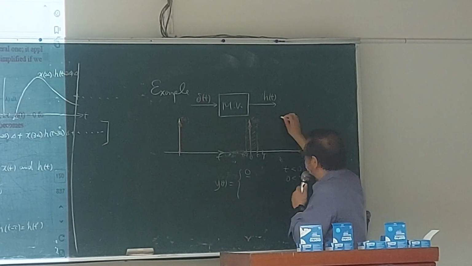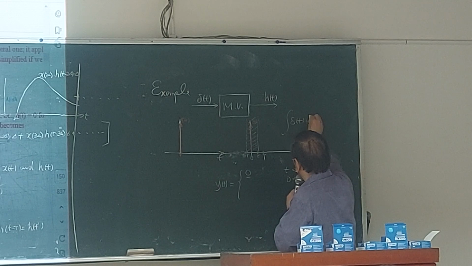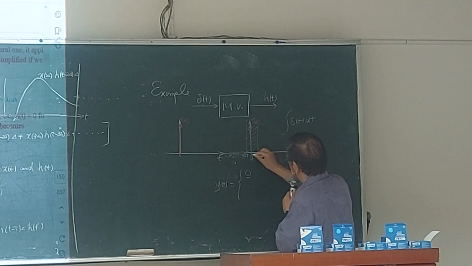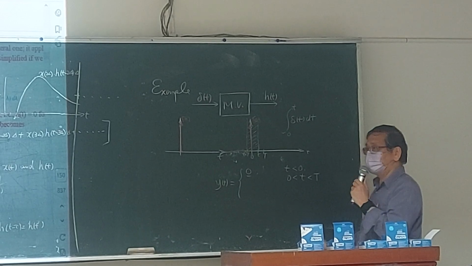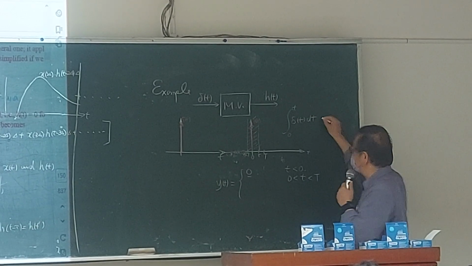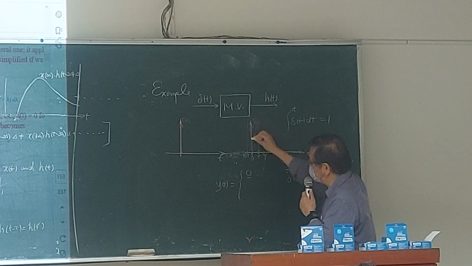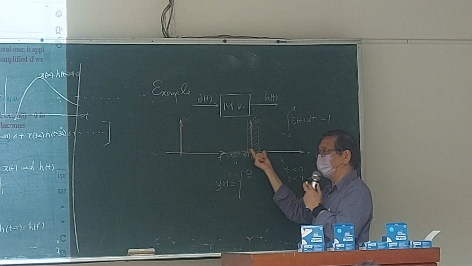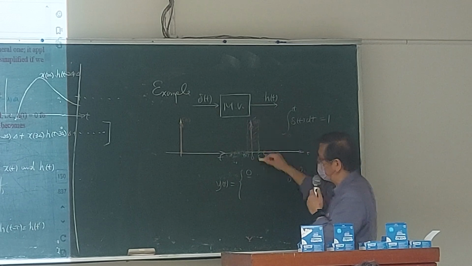If you integrate from 0 to T, what do you have? 1, right? This is equal to 1, because now the delta function is inside the window. So the integral actually is the area of this delta function.